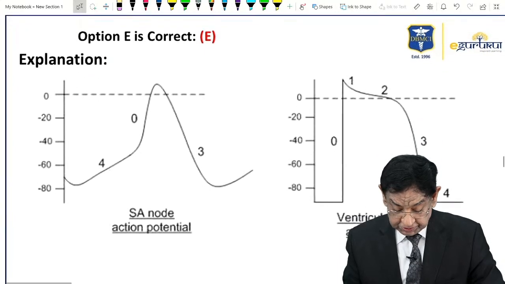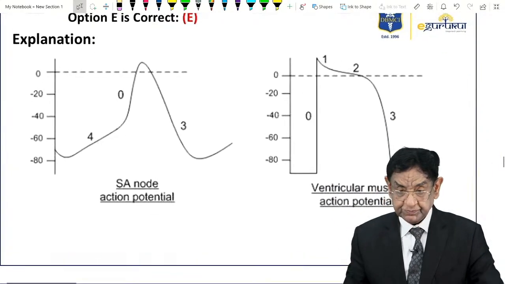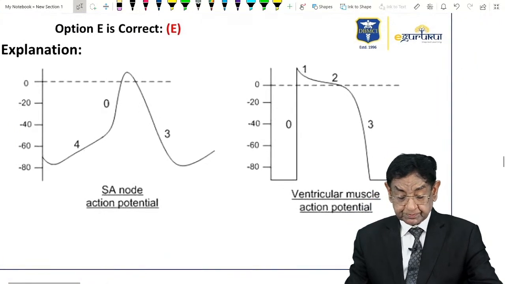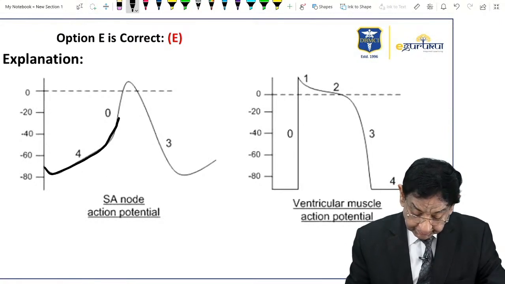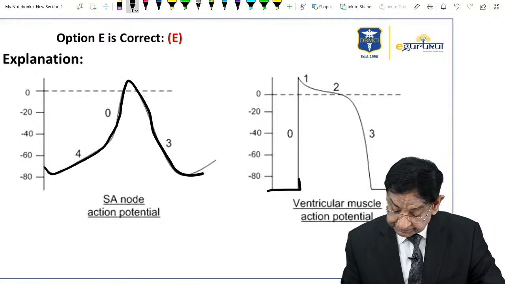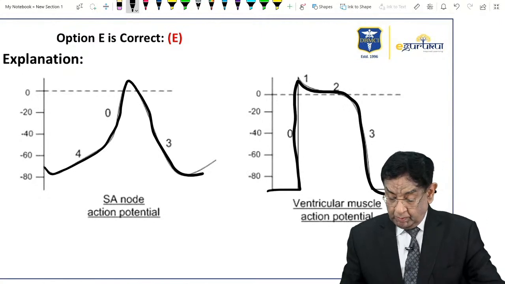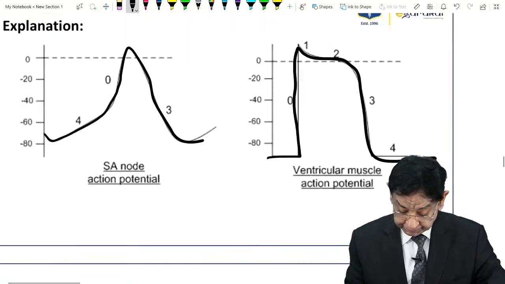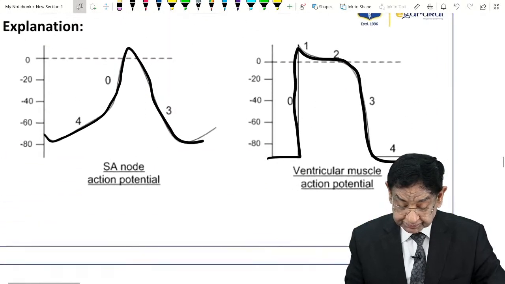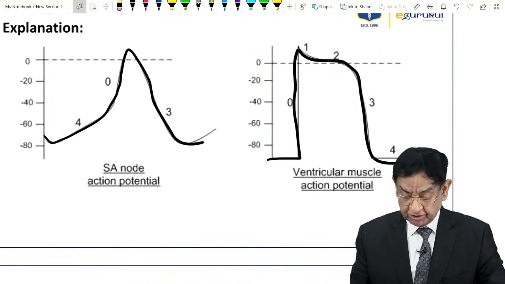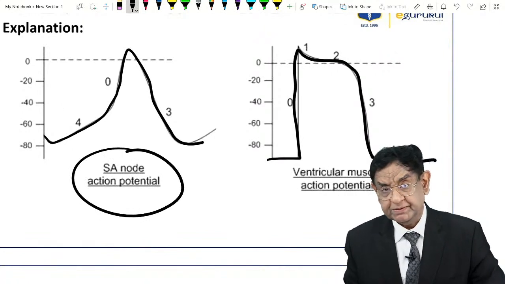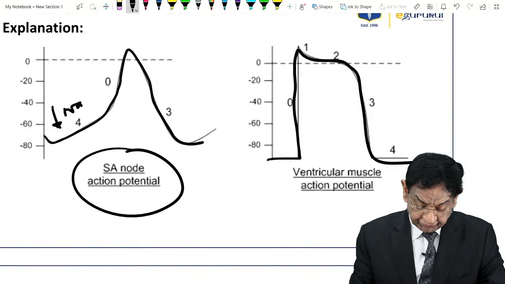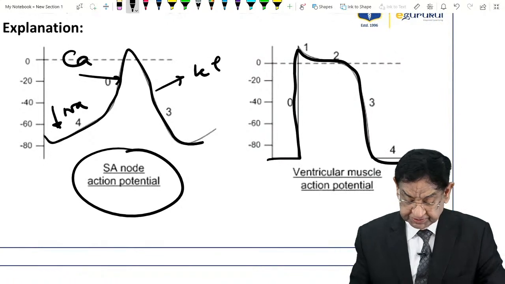Okay, friends, the same diagram which I have already shown you. Just to refresh your knowledge, in the SA node we have an action potential. Sodium entry occurs via the funny sodium channel, then calcium entry and potassium efflux.